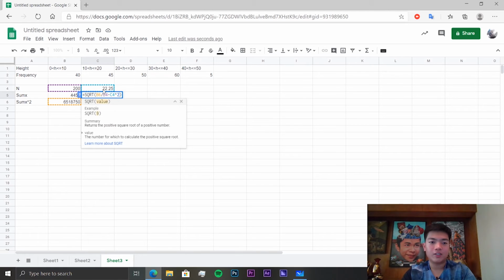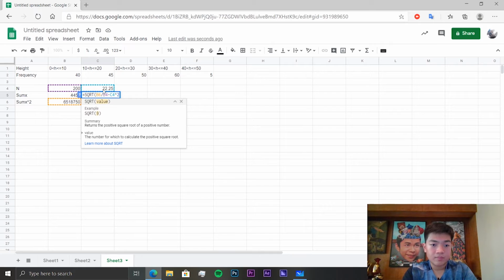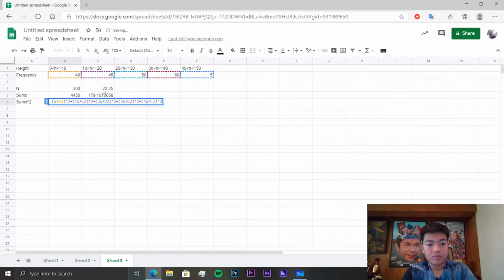It's actually quite a large number. What is it without the square root? I made a mistake with this formula. I think I've made a little mistake.